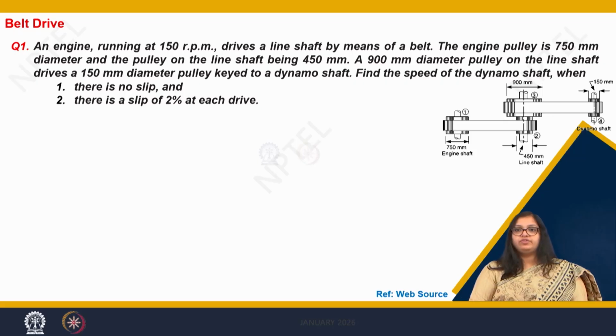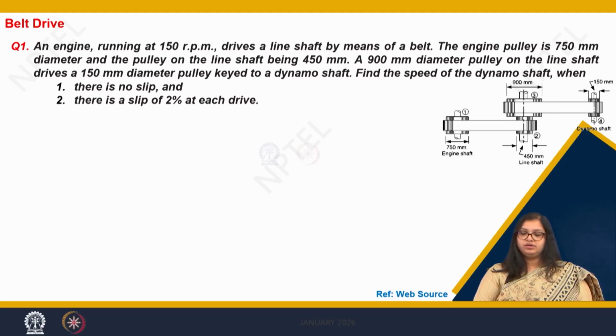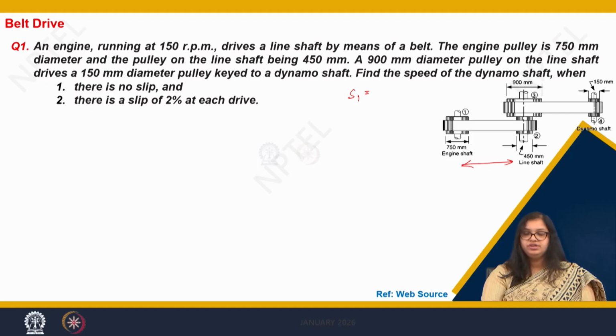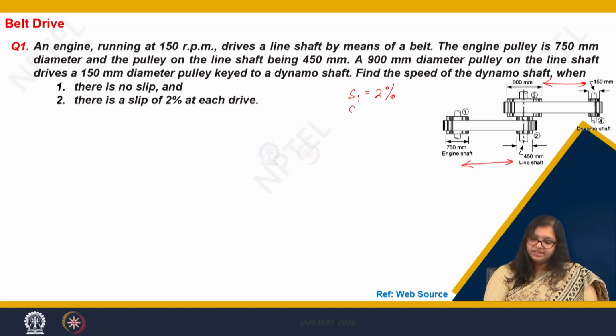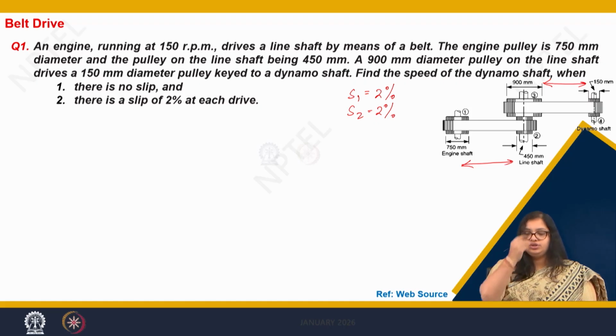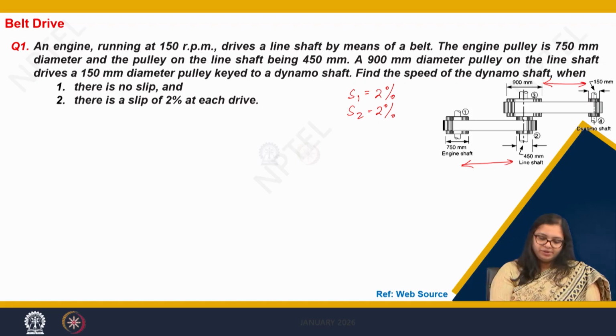Now, we have to find the speed of the dynamo shaft when there is a slip at each drive, that is, when there is a slippage from the engine shaft to the line shaft, of S1 percent, that is 2%, and when there is a power transmission from the line shaft to the dynamo shaft, then again there is a slippage of S2 percent, that is 2%.